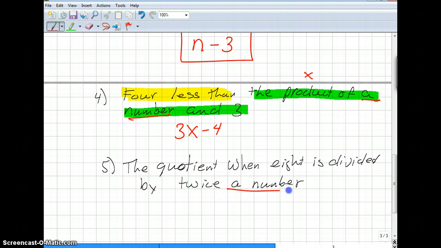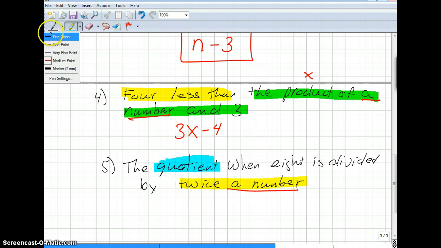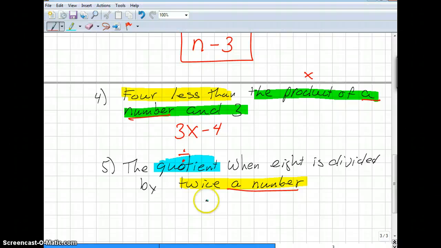Okay, so we have a number, so that's going to be our variable, and we have twice that number. What does quotient mean? Well, quotient means we're going to be dividing. The quotient when 8 is divided by twice a number. So that's 8 divided by 2x.